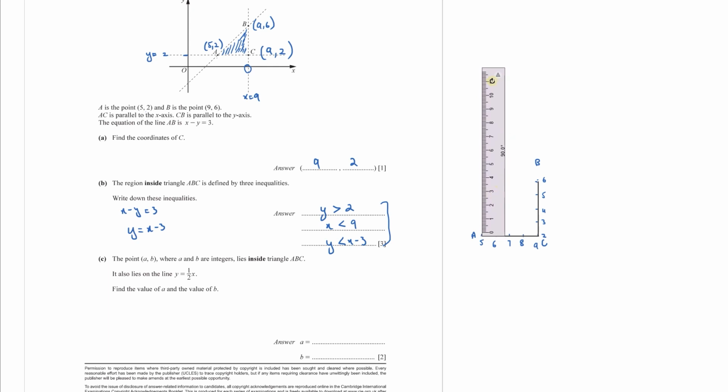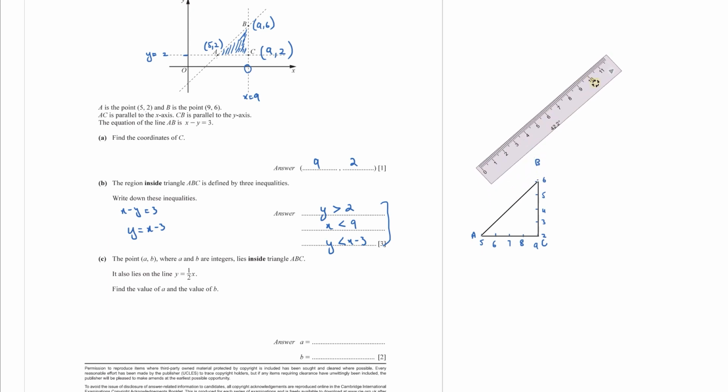Let me draw line AB as well. So this is my line AB. And now I look at the coordinates inside this shaded region. Let me complete the grid here.